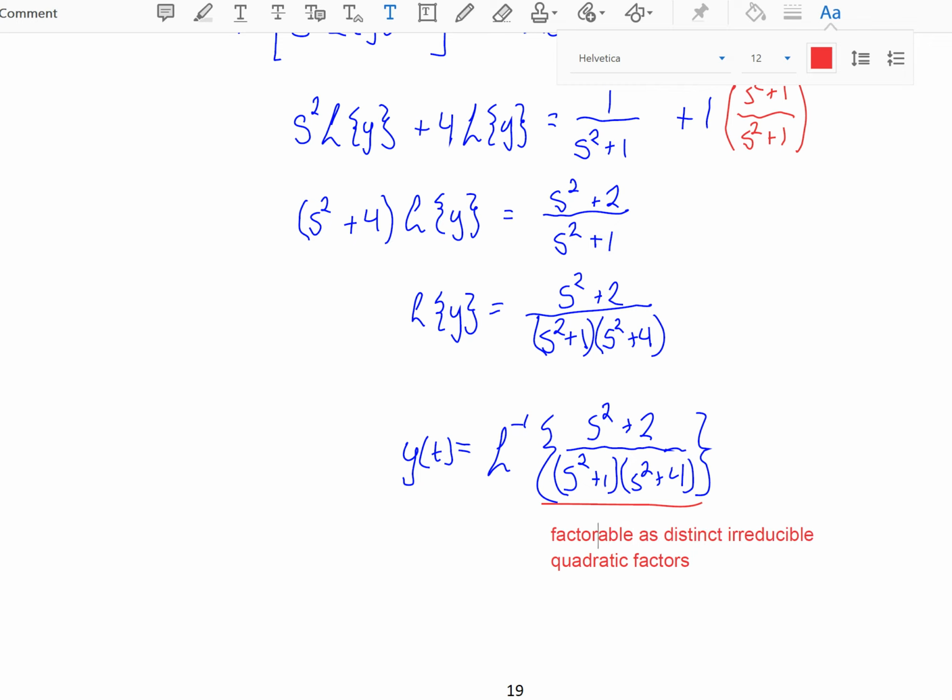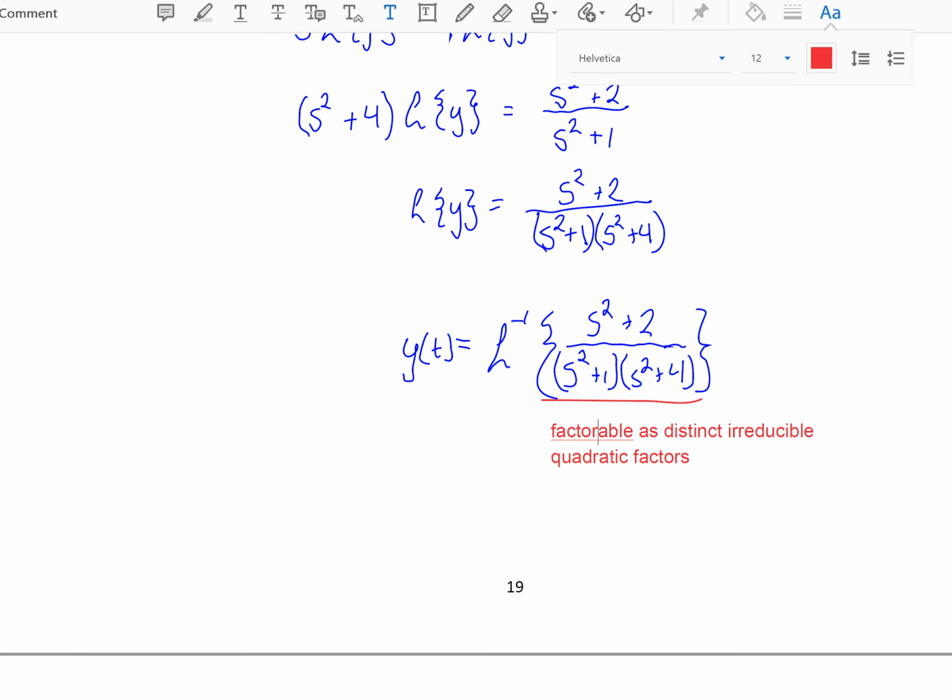So they're distinct irreducible quadratic factors. This is not like our previous examples where we had linear factors. And if you don't recall how to use partial fraction decomposition when you have irreducible quadratic factors, you may want to look that up on YouTube to remind yourself of this process. I will show you with this example, but you may want to review some additional resources to remember this technique.